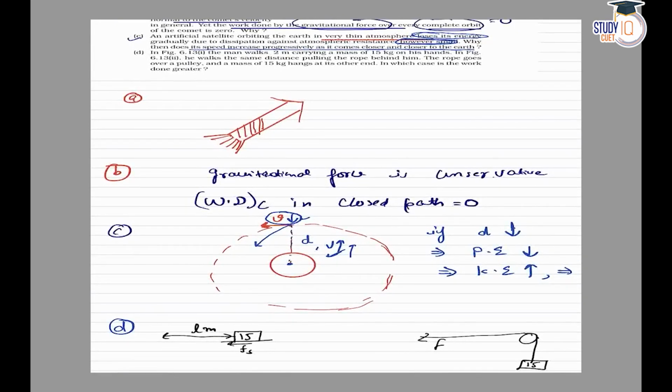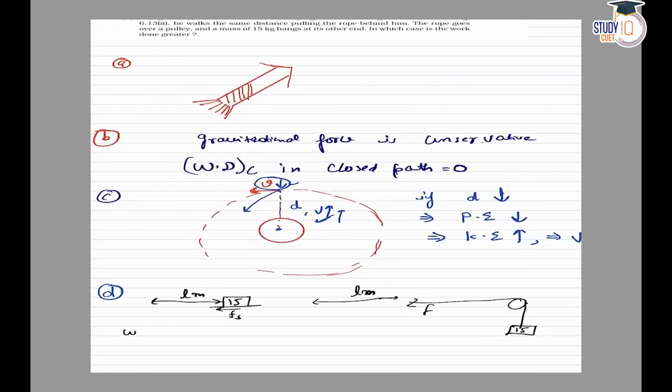If the block moves by a distance of L meters, the work done in situation 1 is static friction times displacement L. In situation 2, the work done is force, that is tension, times displacement L. As the block is moving slowly, tension is equal to 15 times g.